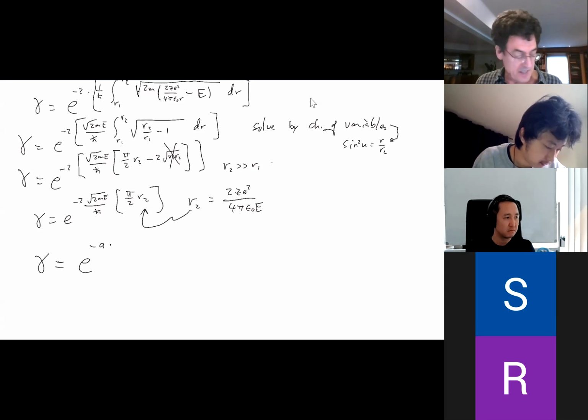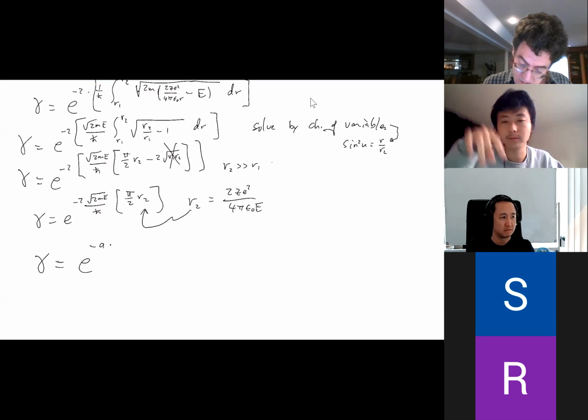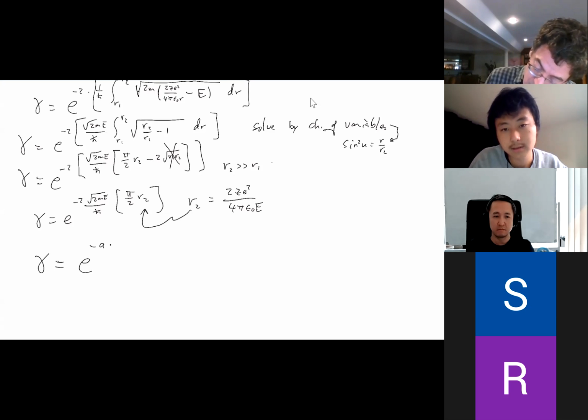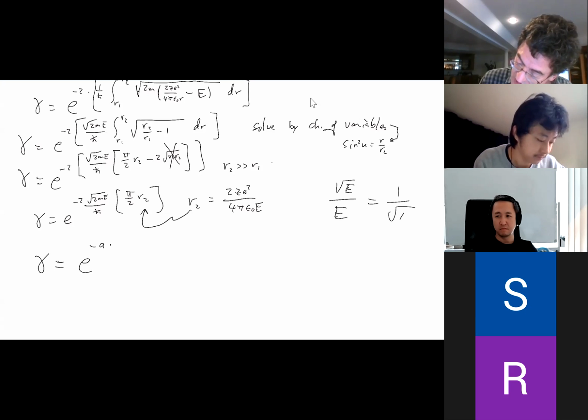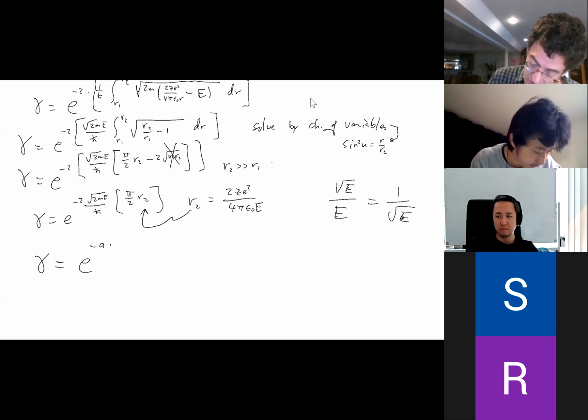It'd be the square root of E over E, which is equal to 1 over square root of E. See that? So it's going to be times 1 over square root of E.